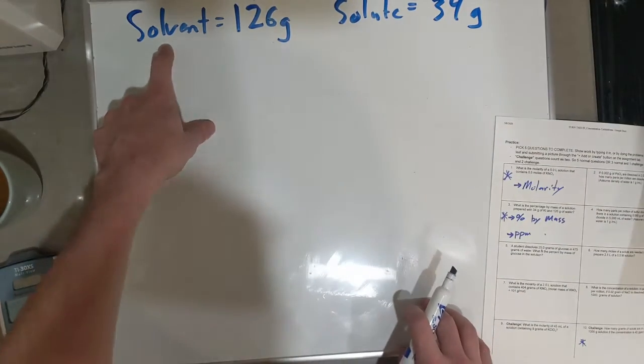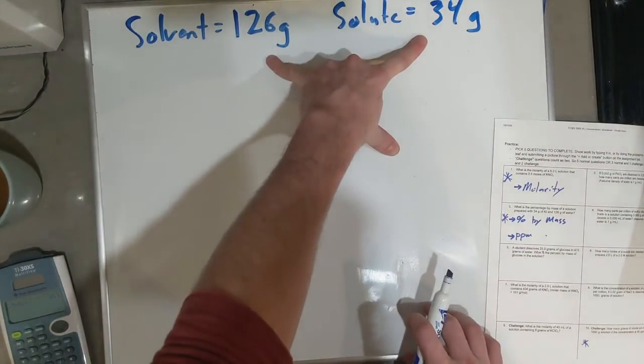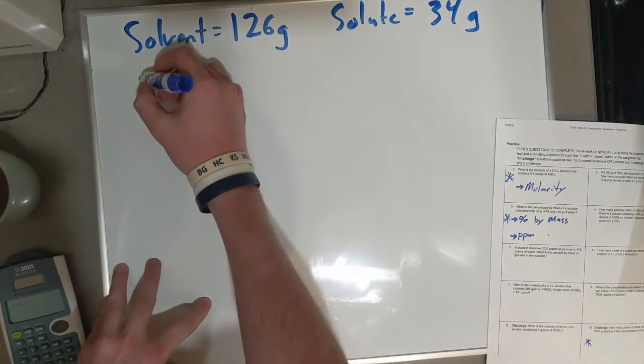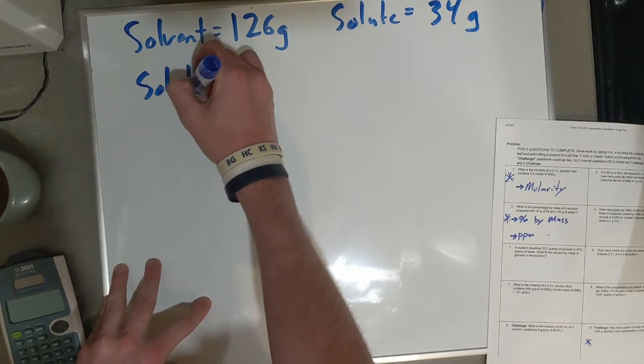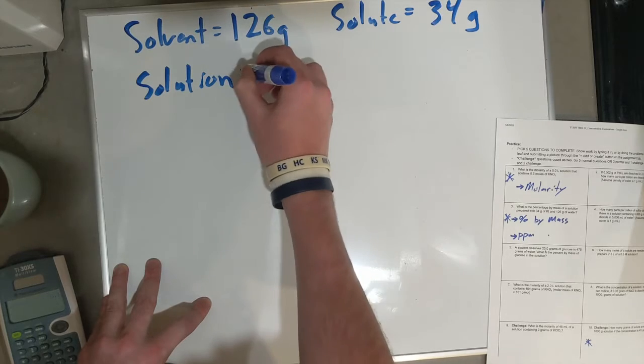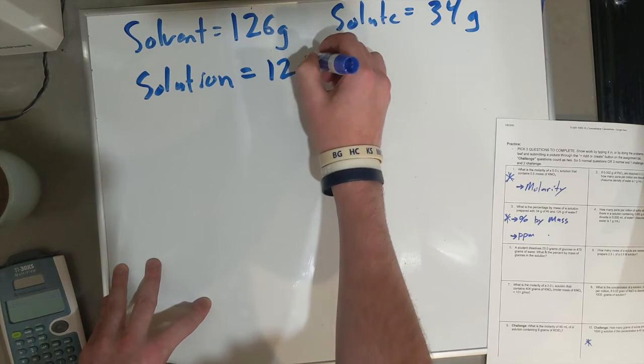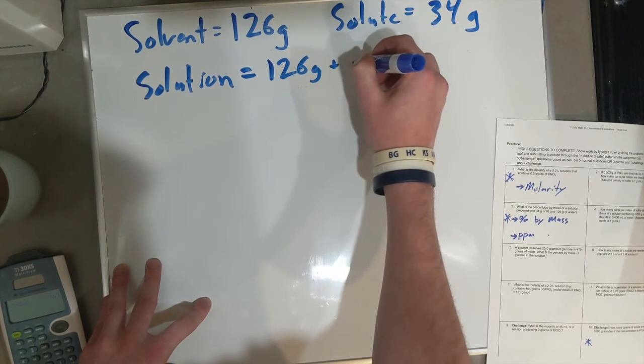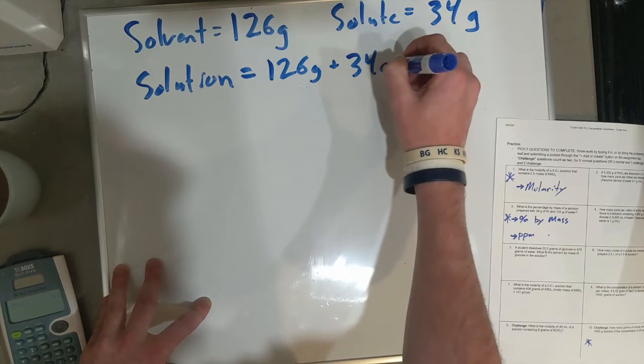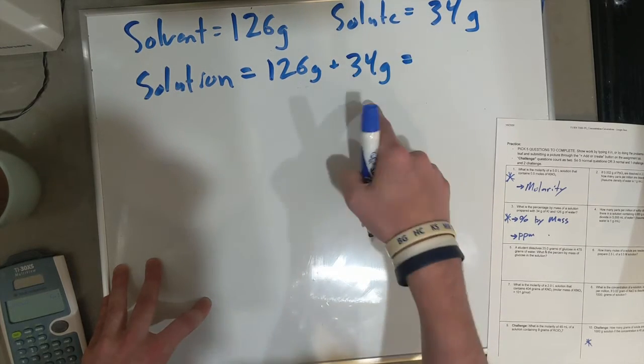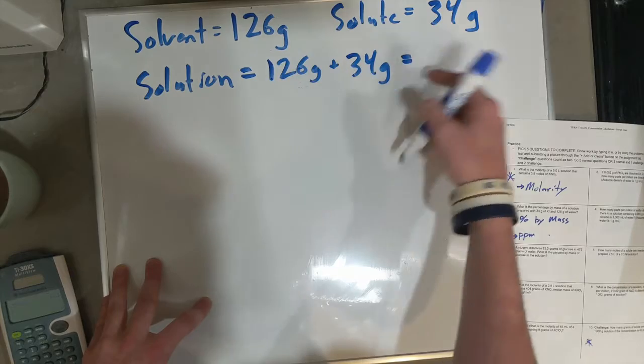So if our solvent and our solute have these masses respectively, then the solution, both of them mixed together, equals 126 grams plus 34 grams. And that, if I'm not mistaken, is 160.